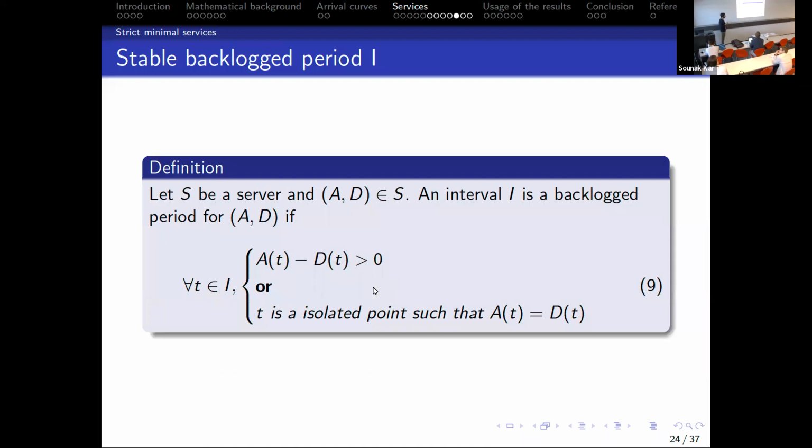We thought about two new definitions of the backlog period, called stable backlog period.